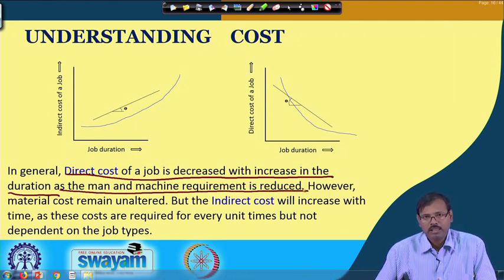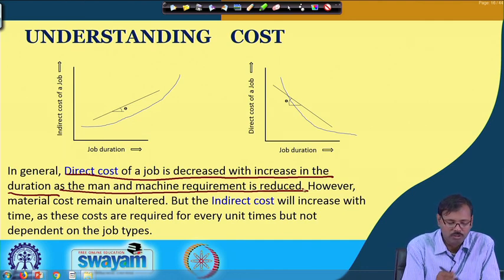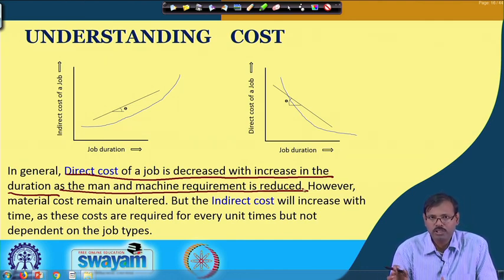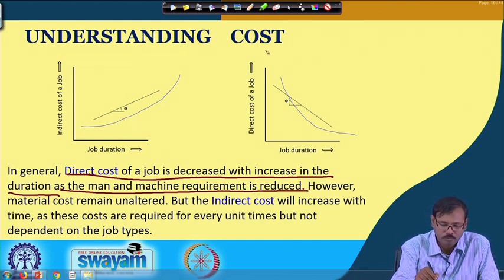That means if you are doing some job and you allow your manpower and machines to work on it, and you increase the job duration, you are going for less manpower and less capacity machines which cost you less, and that is why the direct costs decrease with the increase in the duration.